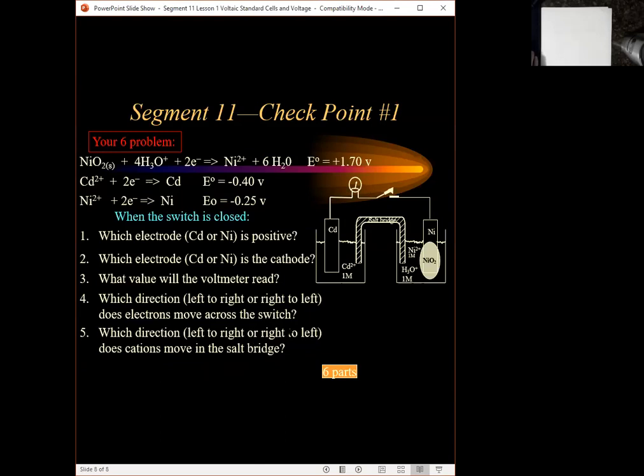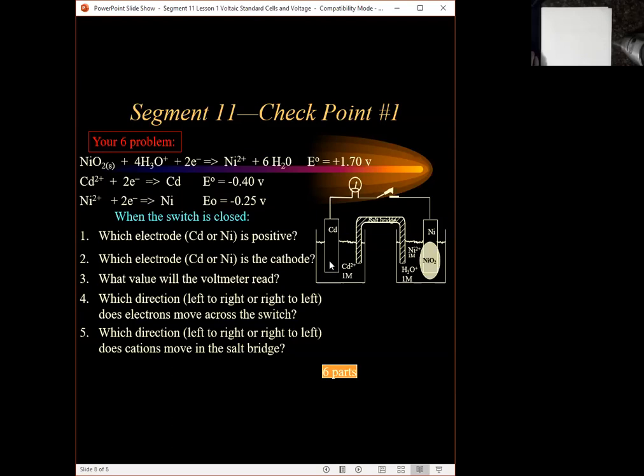Which direction, left or right, do the cations move in the salt bridge? Now here's what I'm going to do. Suppose, just for the sake of argument, and I'm not saying that it's this way at all, but suppose electrons came here. Negative charge comes out through here. It goes like this. Negative charge has to go the same way through the rest of the solution.